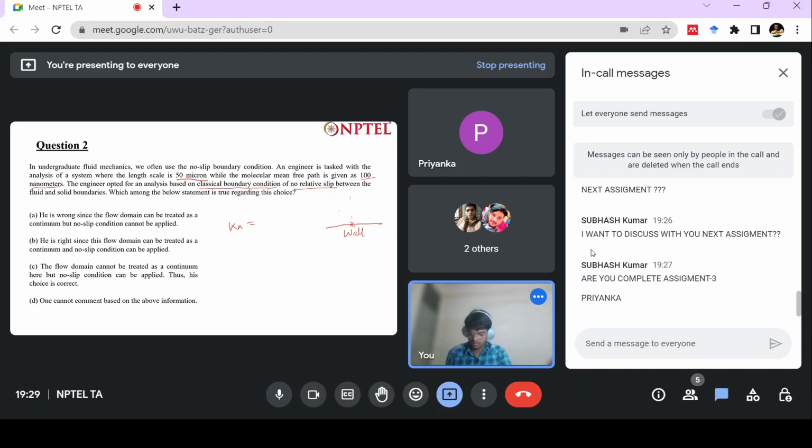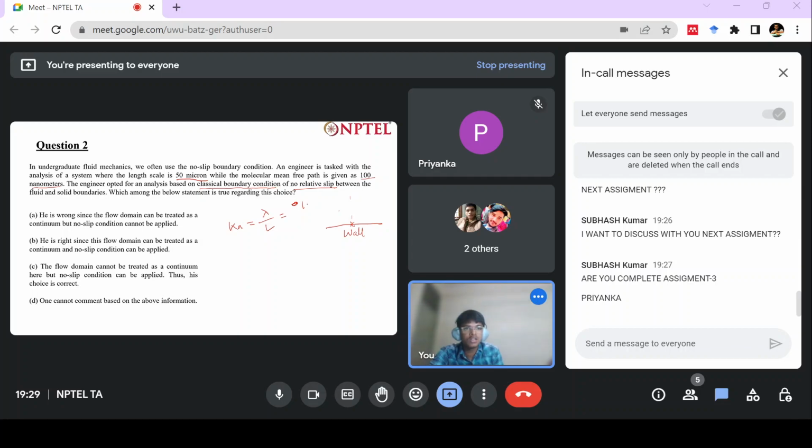What is the lambda? 100 nanometer. And what is the length scale L? 50 micrometer. So can you calculate lambda by L?